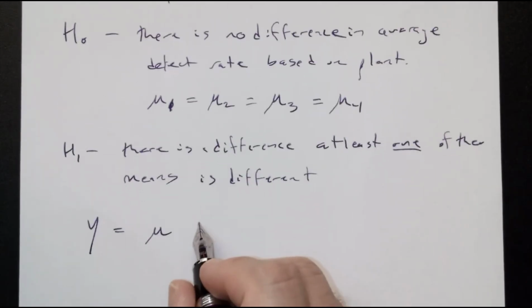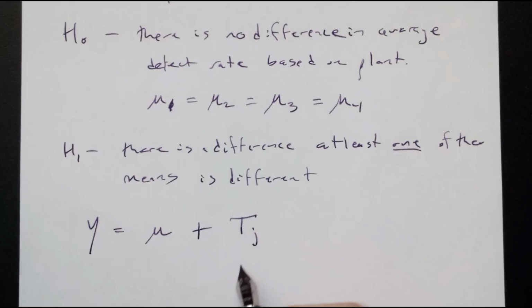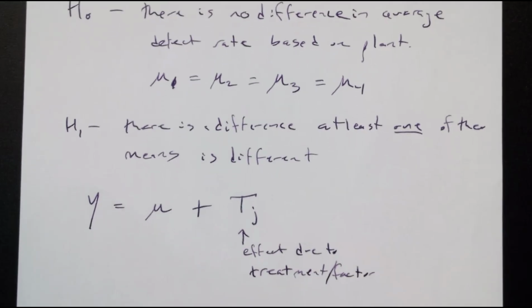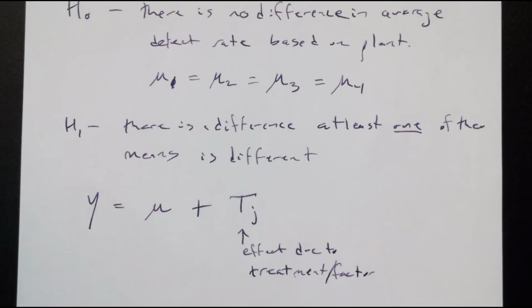And then maybe there's some effect due to this treatment T. A treatment is a combination of factors. In this case, we only have one factor, so there would be T1, T2, T3, T4. And then there's some random error.